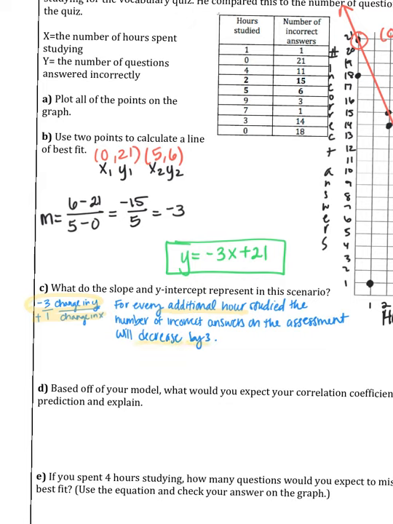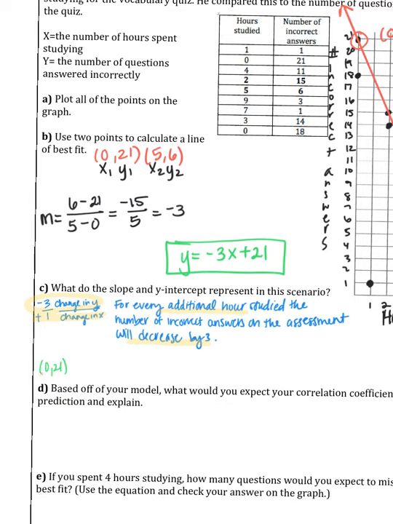So I've got that right here. And you always want to make sure you use your context. For us, it was hours studied and number of answers incorrect. Our y-intercept is (0, 21) for our line of best fit. What this means in context is, when x equals 0, what does that mean for y?